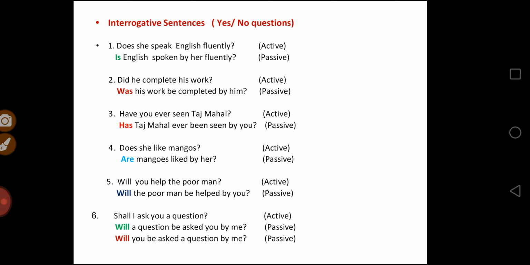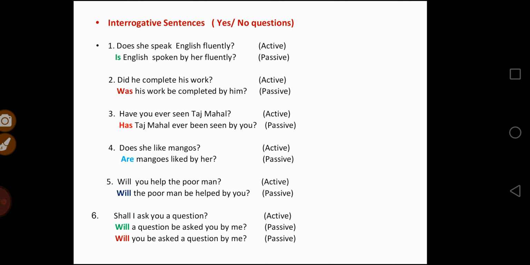Now interrogative sentences with yes or no questions. Does she speak English fluently? In passive, we can write like this: Is English spoken by her fluently? Here, when the sentence is in present tense, that means does or do, in passive we can use is or are.